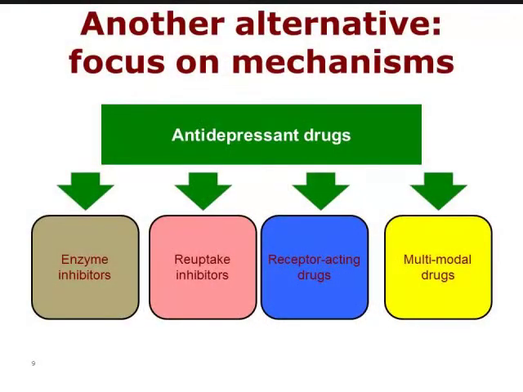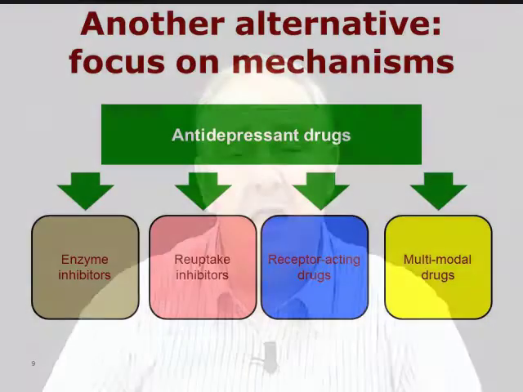So one approach that we've been exploring at the ECNP is a mechanistic approach. Look at drugs and see what sorts of mechanisms they have. And this to some extent accords with the WHO for some elements of it, in that we can break drugs down into enzyme inhibitors, reuptake inhibitors, receptor-acting drugs.